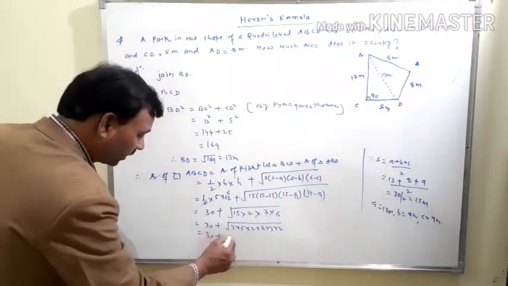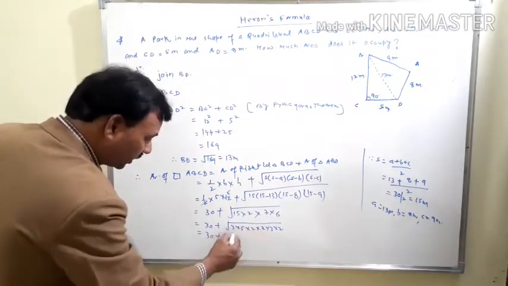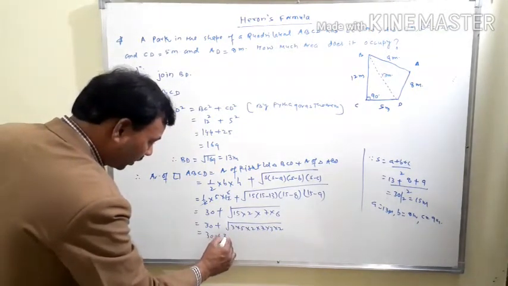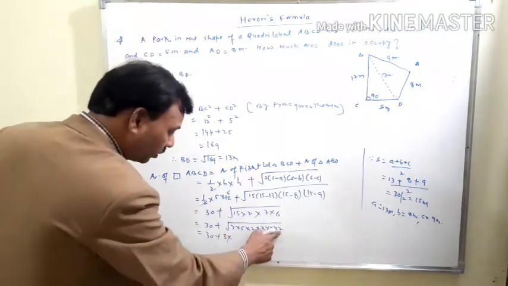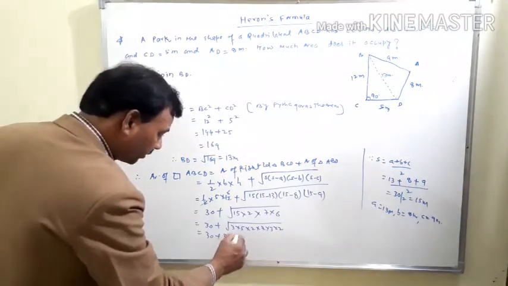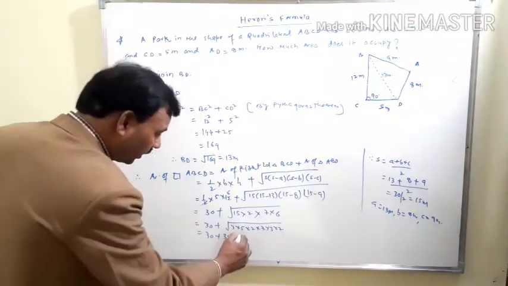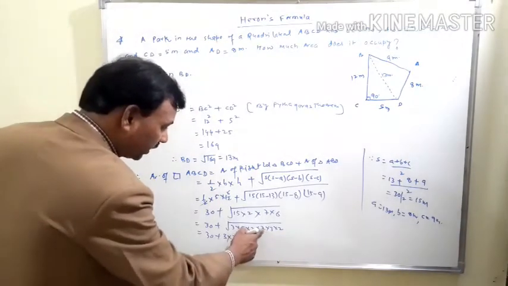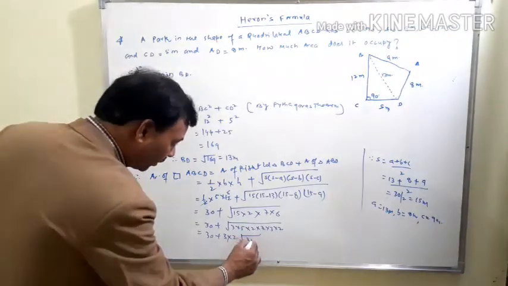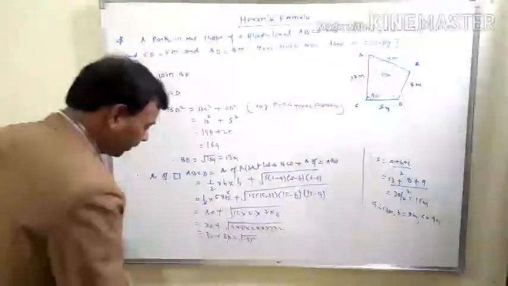30 plus, since 3 into 3 is a pair, 3 will come outside. 2 into 2 is also a pair, this will come out of the square root, into root under 5 and 7 not in pair, so this will be root under 35.